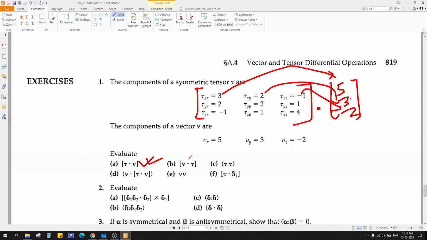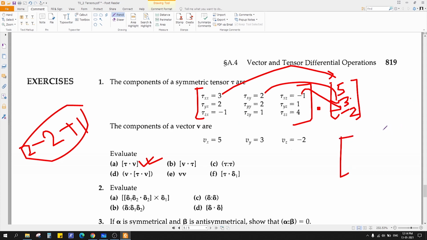First, try to work out what the output will be. The order of the tensor is 2. Then you have a single dot product, which is minus 2. Then you have a vector, order 1. So we should get a vector, a single column output.